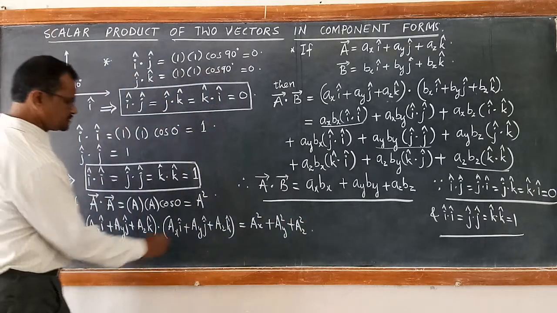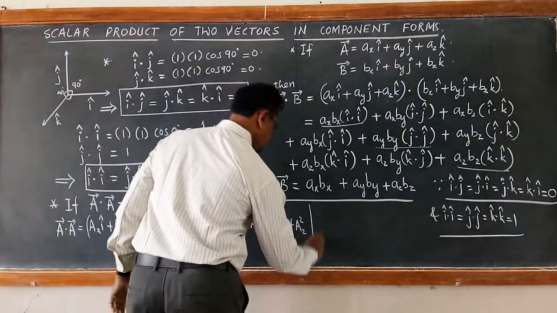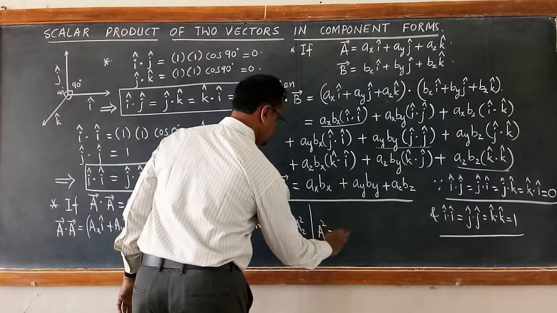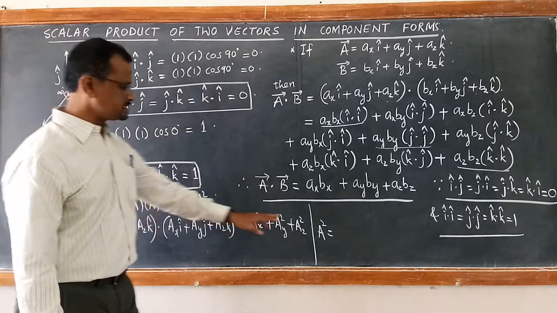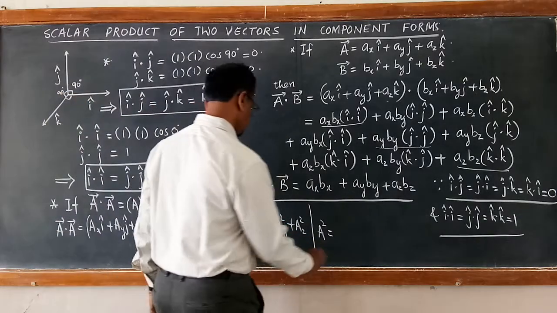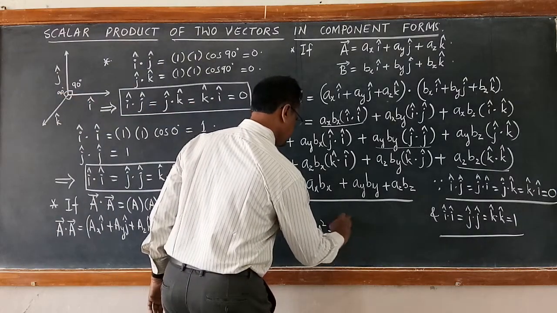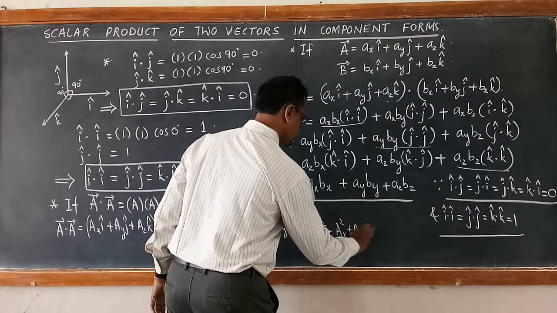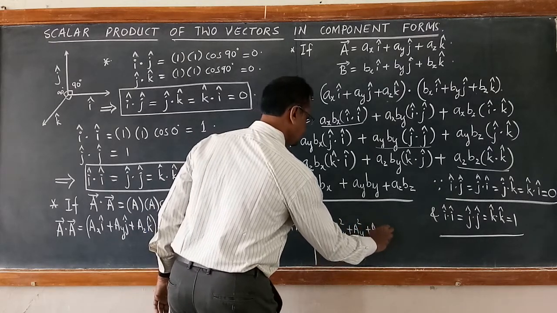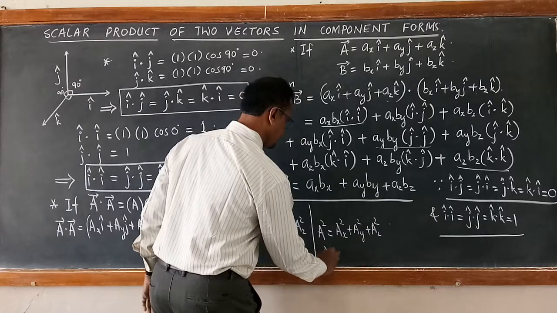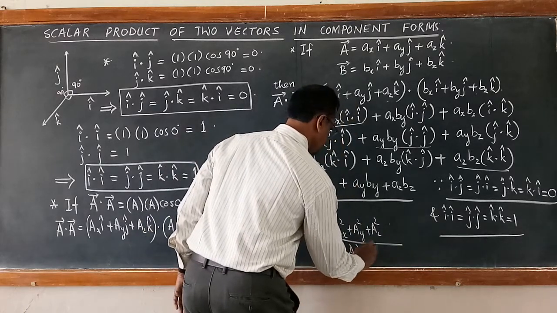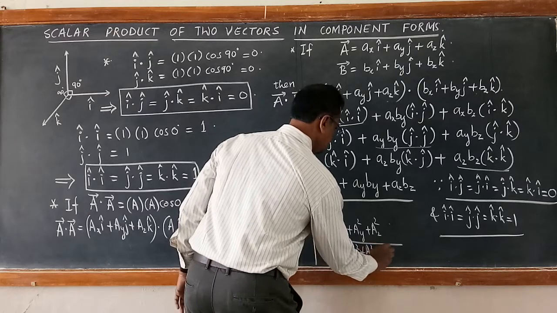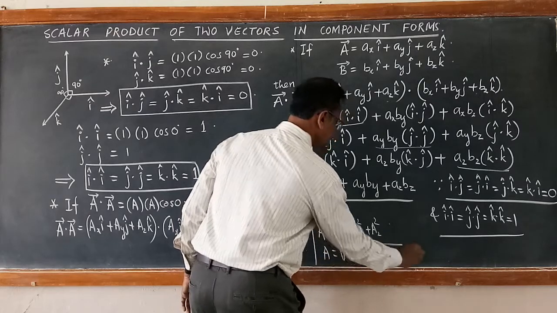Thus we have proved that vector A dot A gives us the result A square, which is equal to ax square plus ay square plus az square. So A is equal to the root of ax square plus ay square plus az square.